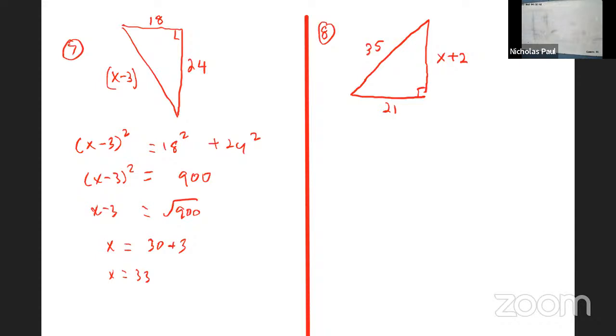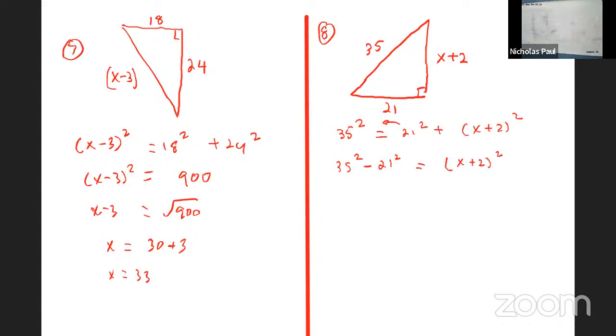So watch this here. One of the mistakes I've seen is that you all forgot that 35 is the hypotenuse, right? So 35 squared is 21 squared plus (x plus 2) squared, right? So just carry across the 21 squared. So 35 squared minus 21 squared is (x plus 2) squared.